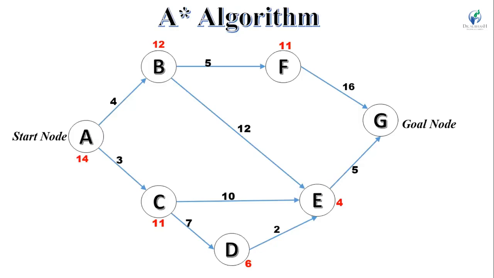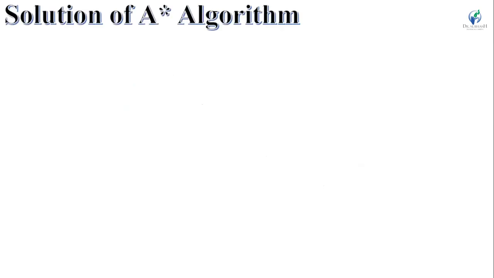We can solve this example with the equation f(n) = g(n) + h(n). The actual cost g(n) is indicated in black digits and the heuristic cost h(n) is indicated in red digits. And we can apply best first search to find the cheapest path.